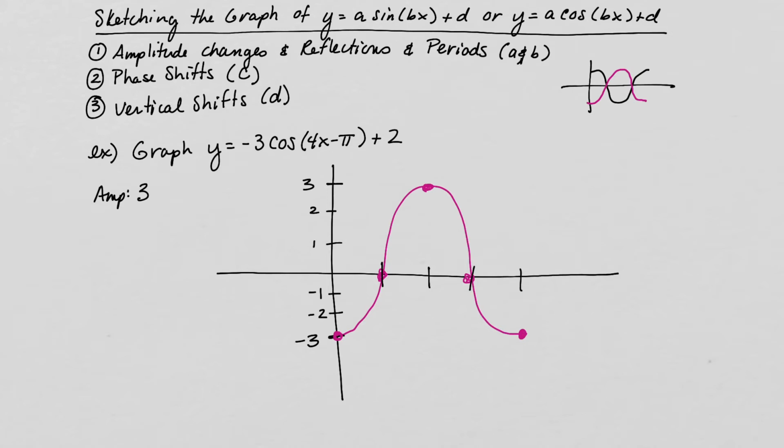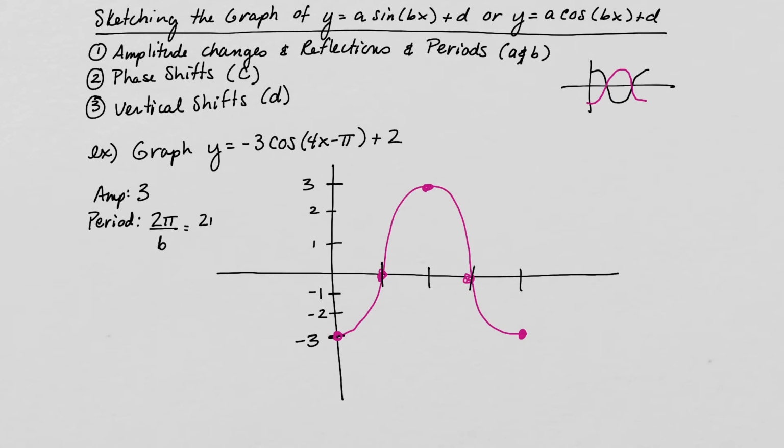Because of that, remember the number attached to the x changes the period. The new period is going to be 2 pi over b.